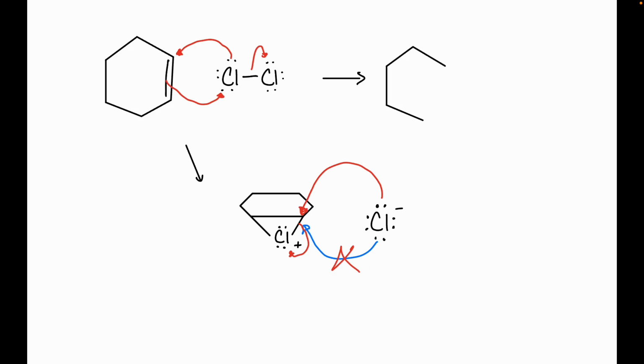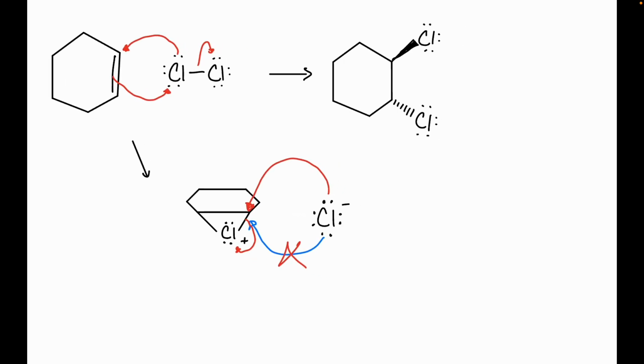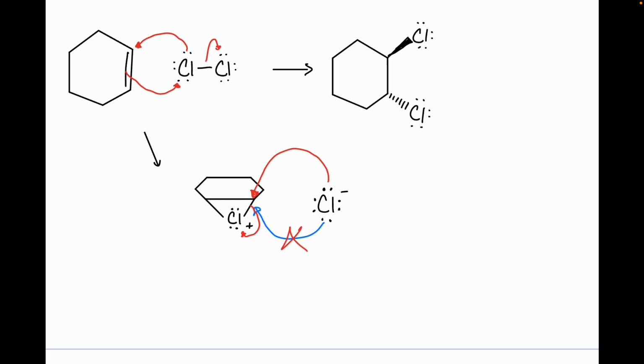All right, and we have a special name for that in terms of our stereochemistry for our cyclic alkanes. What do we call it if one bond is pointing on one side and the other one on the other side? This would be the trans isomer that forms. Okay. We get one specific stereoisomer out of this reaction.